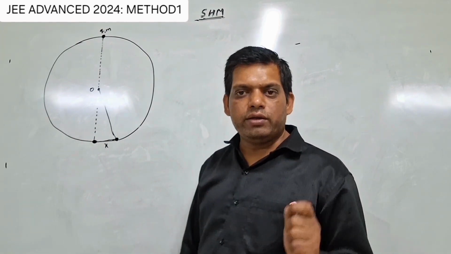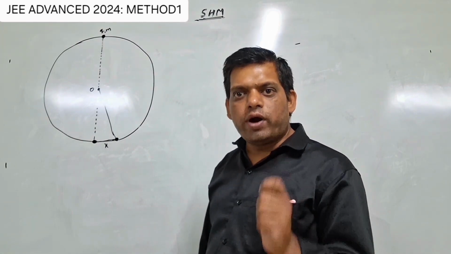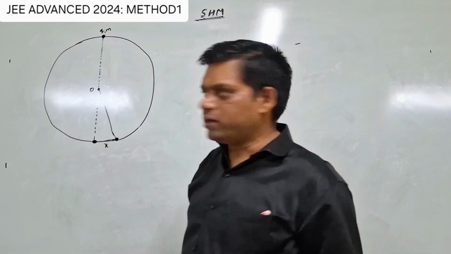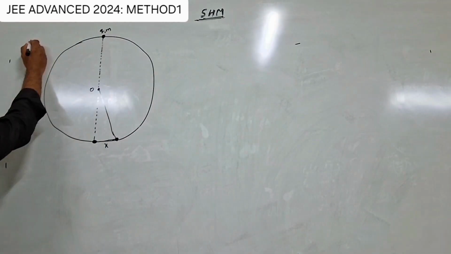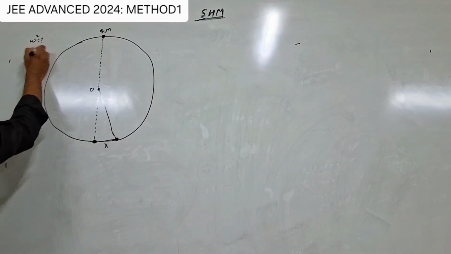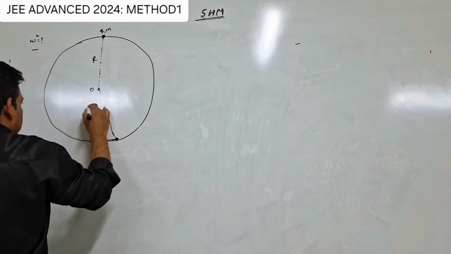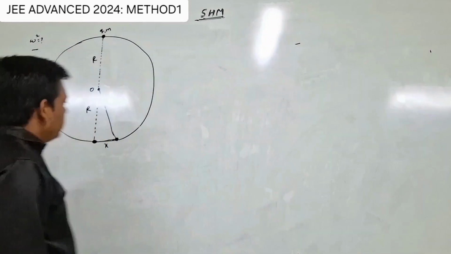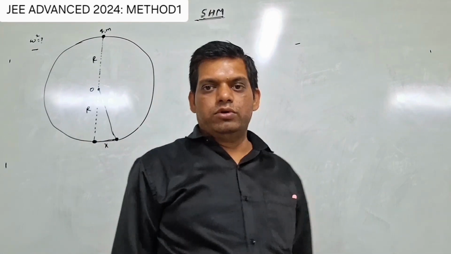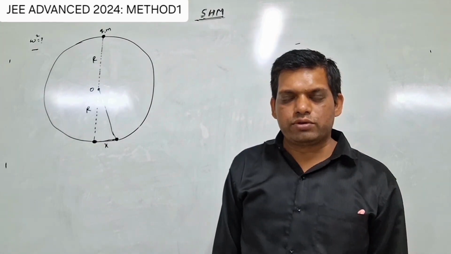So we have to determine the square of the angular frequency, that is omega square. Here R is given, R is the radius of the hoop. So let's start to solve this question.